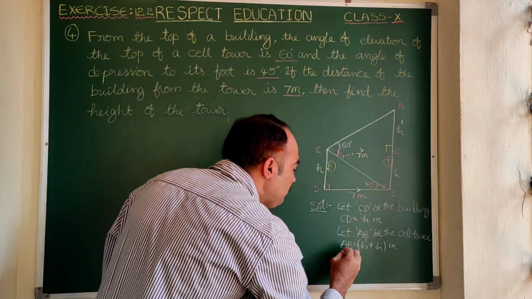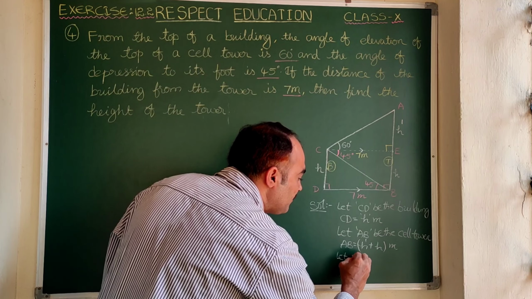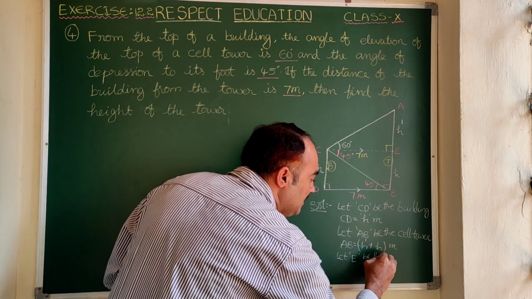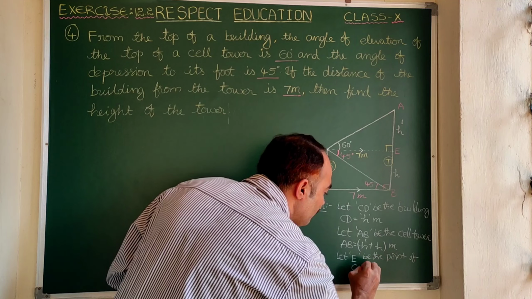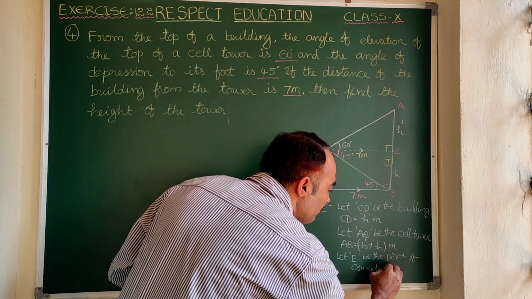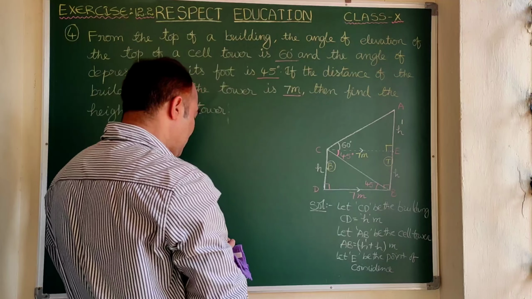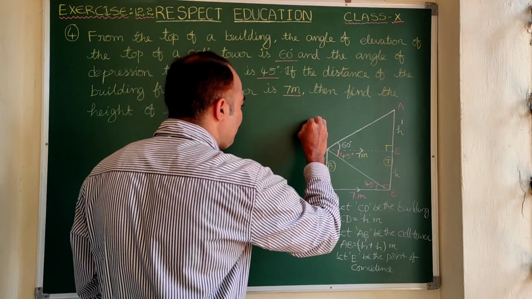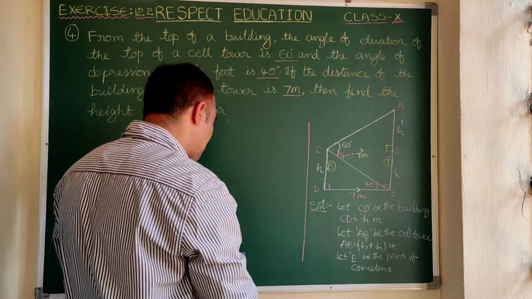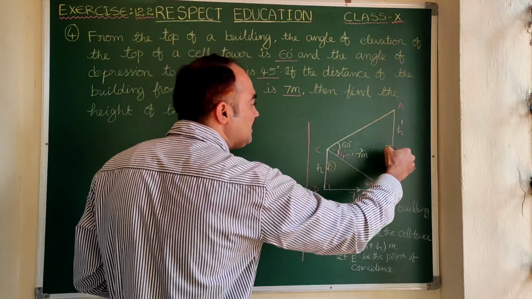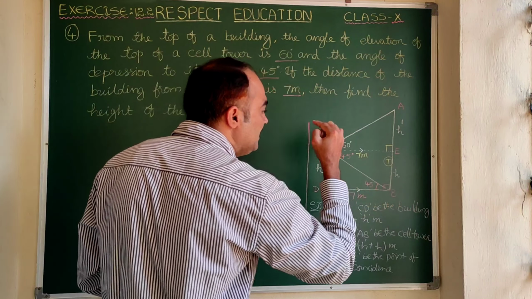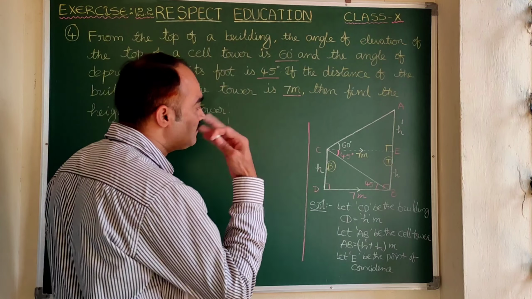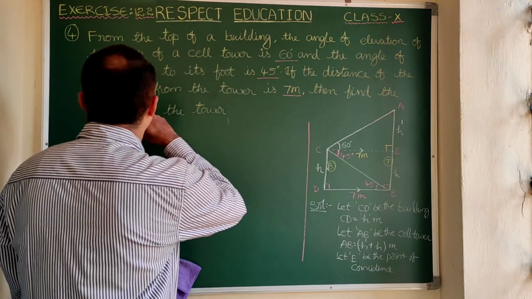Let E be the point of coincidence. Now also given angle ACE equal to 60 degrees and angle DBC is equal to 45 degrees, and what else is given?